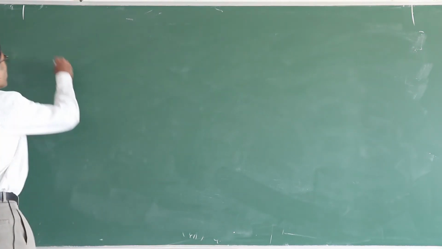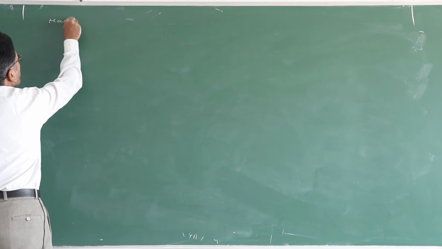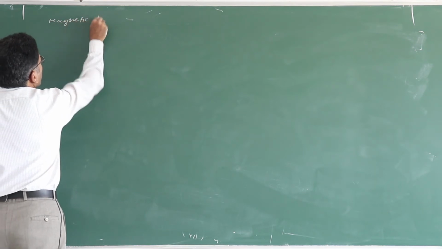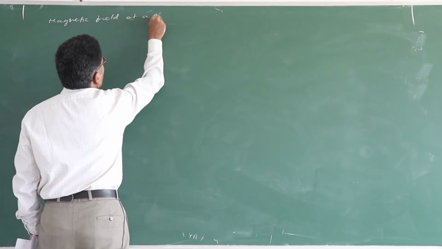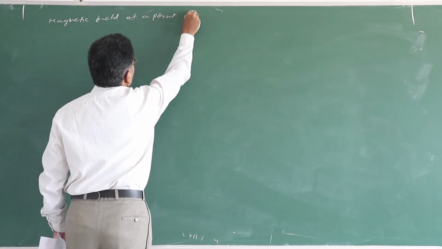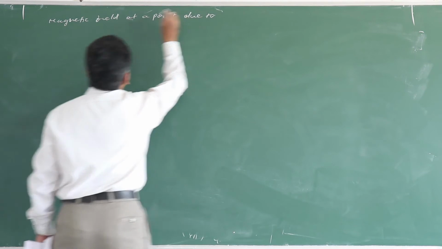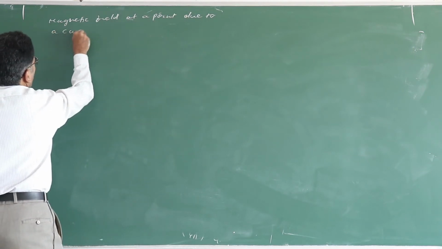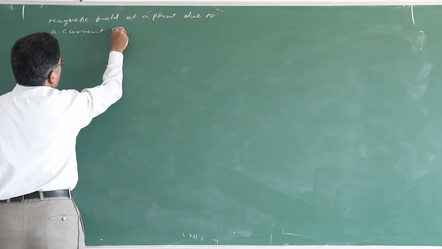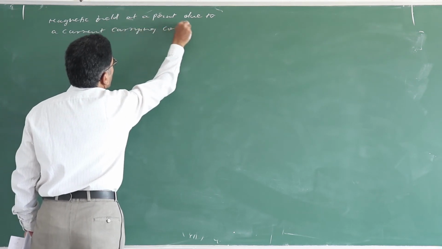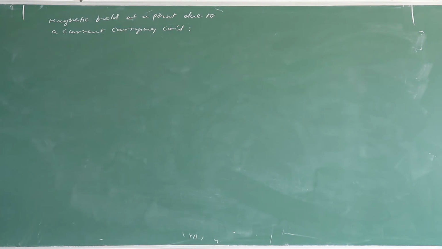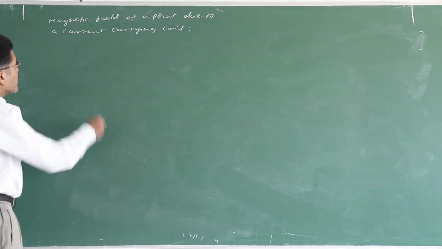Now let us take the magnetic field at a point due to a current carrying coil. Let us take up certain special cases of this.